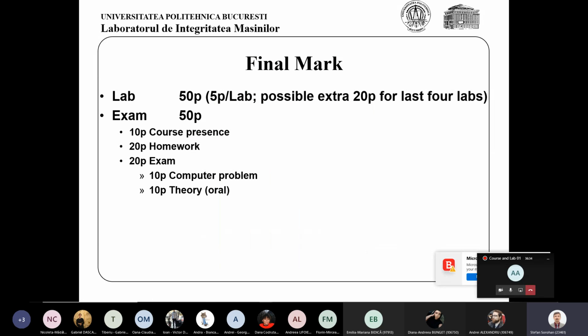So please keep in mind, this is important for you, that the final mark will be obtained from the lab, 50 points.